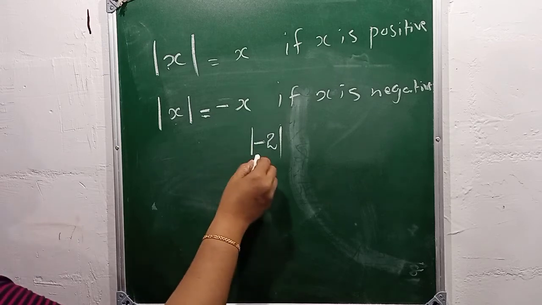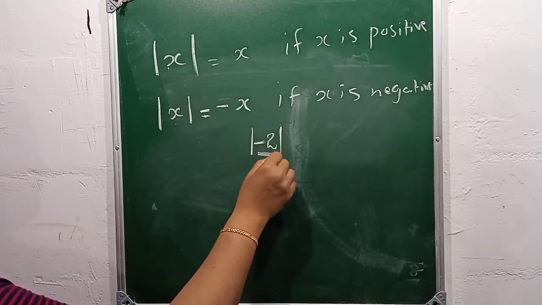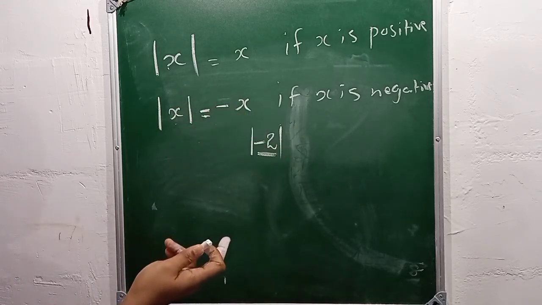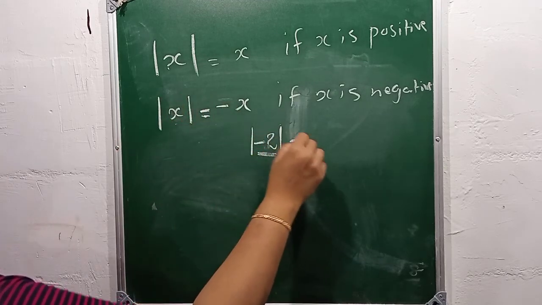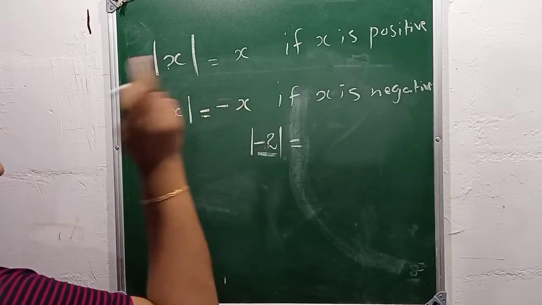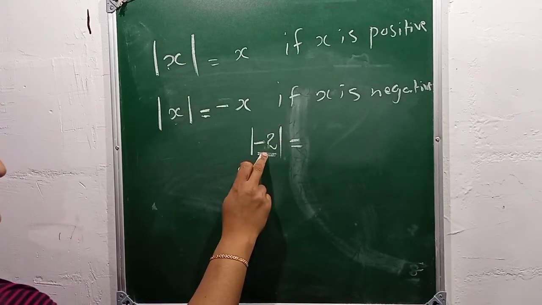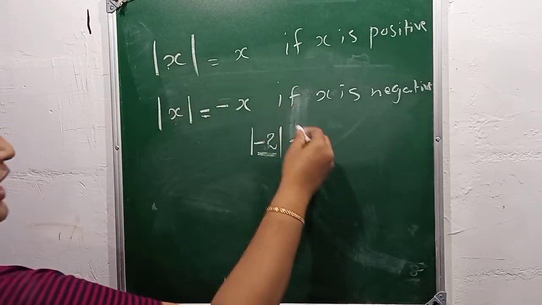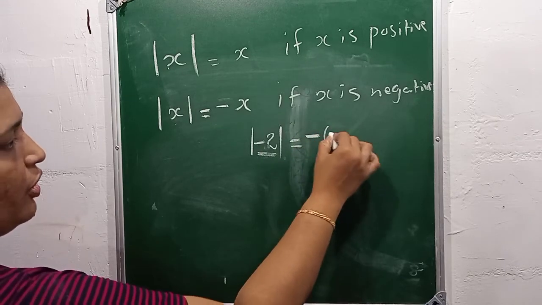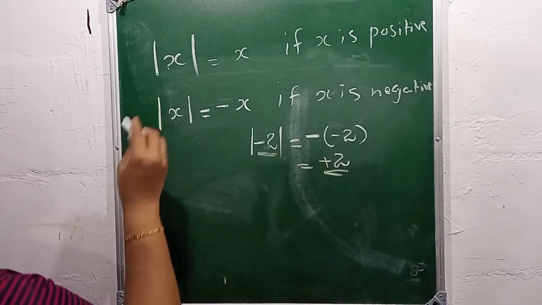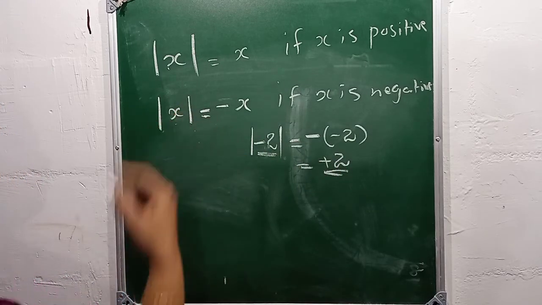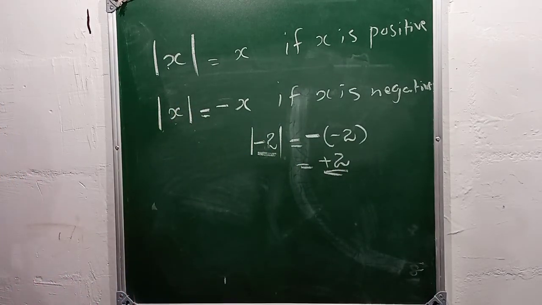This -2 is a negative number. Then absolute value of this -2 is negative of x. What is x here? x is -2. Then negative of x is negative of -2. That is equal to +2.